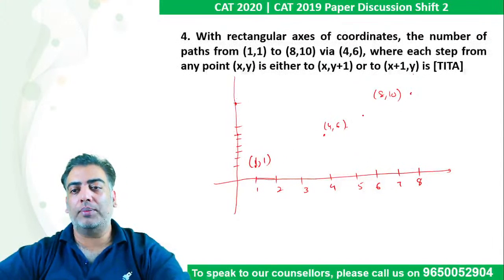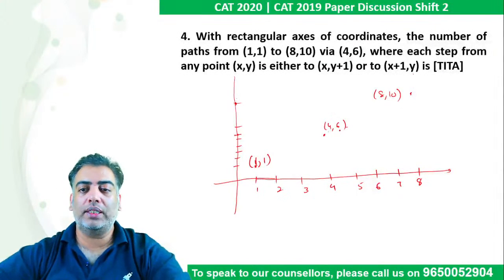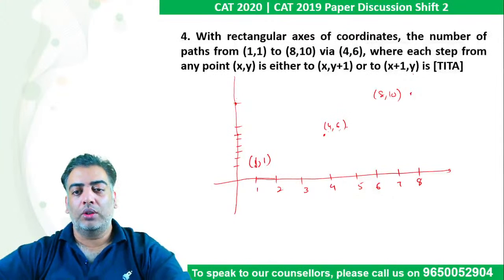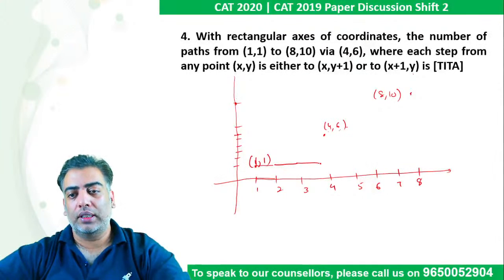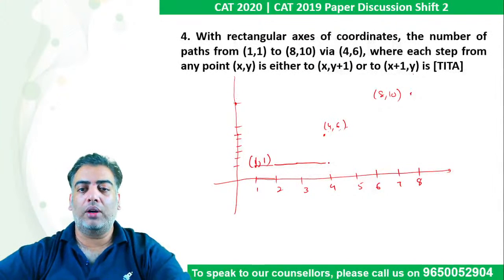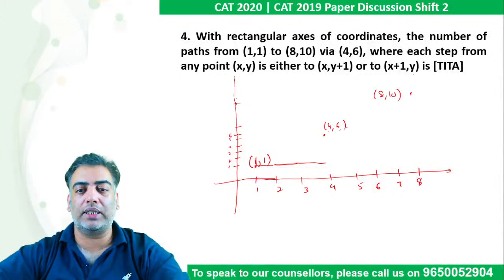In order to find the paths from this point to that point via this, first of all, we have to find the number of paths to reach (4,6). So this is one step to the right, 2 steps, 3 steps, and now we have to move a few steps upward. So this is 1, 2, 3, 4, 5, 6. This represents 6.